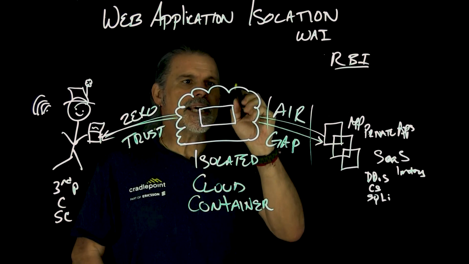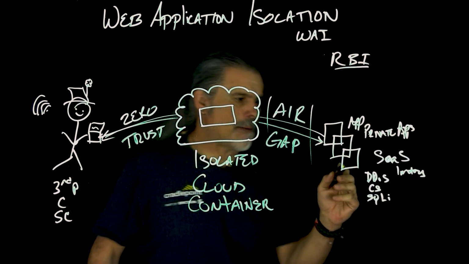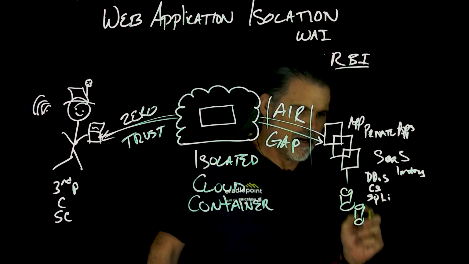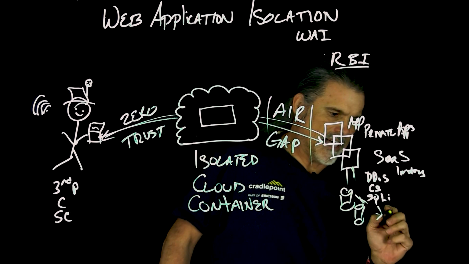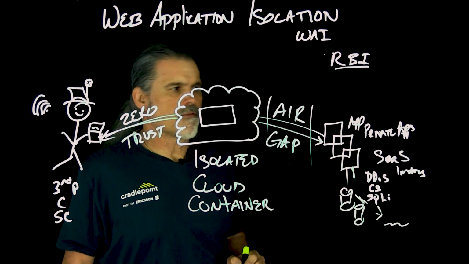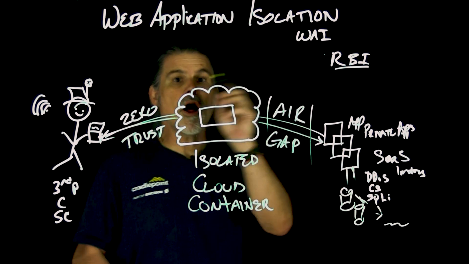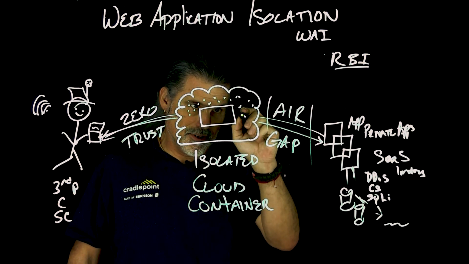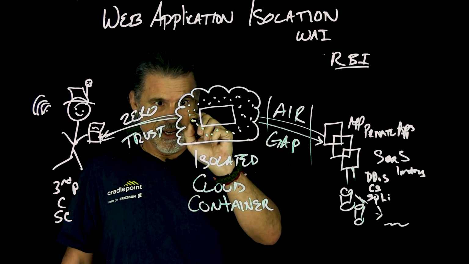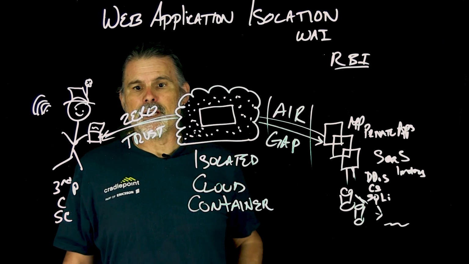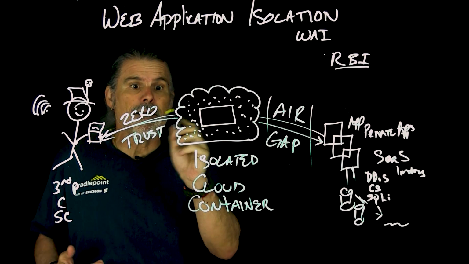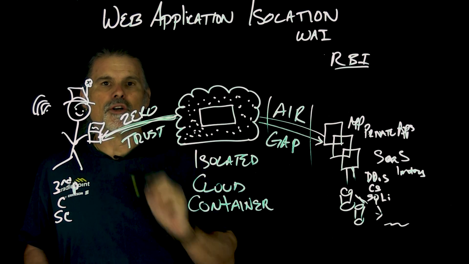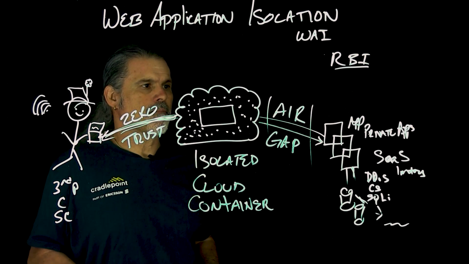Now, what's happening here is everything on this application, maybe these applications have to talk to databases on the back end. Maybe they have to fetch other stuff from other locations. So all this simply gets created with a bunch of pixels here in this isolated cloud container. And all that's happening really is it's streaming those pixels to the browser over here.